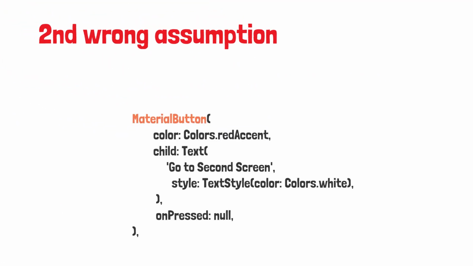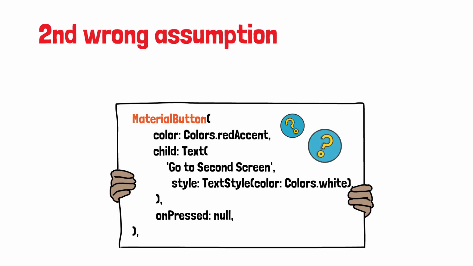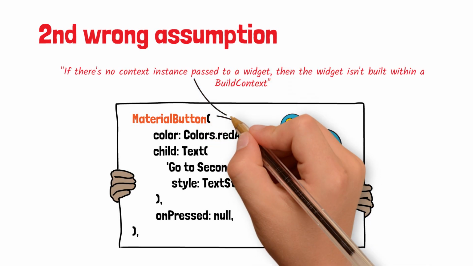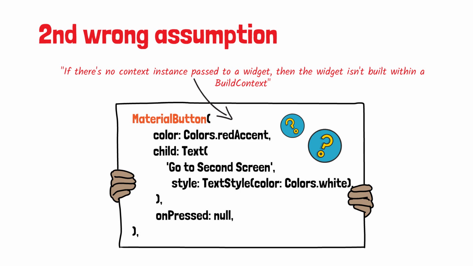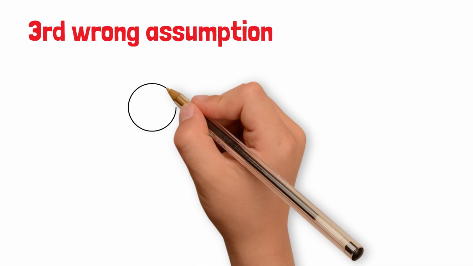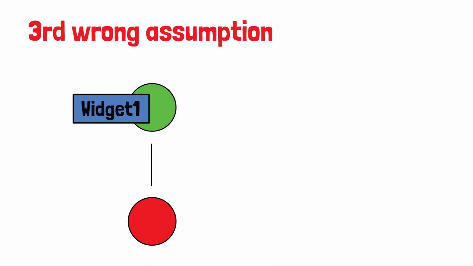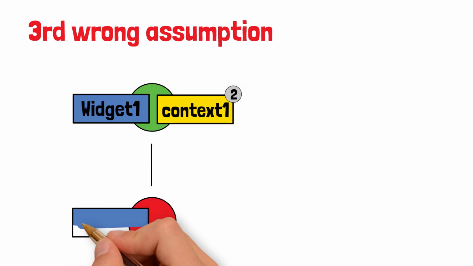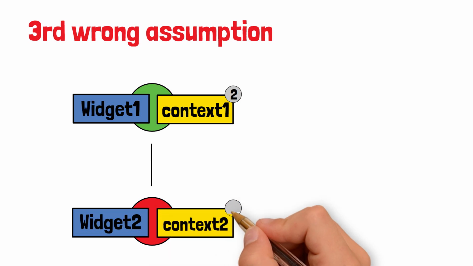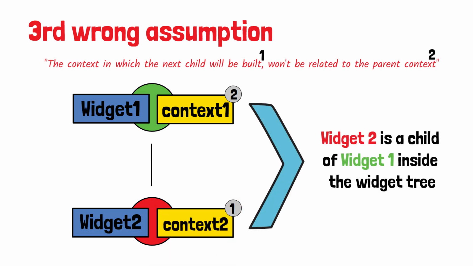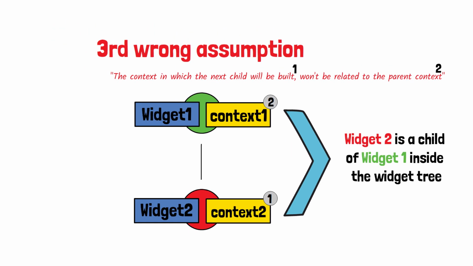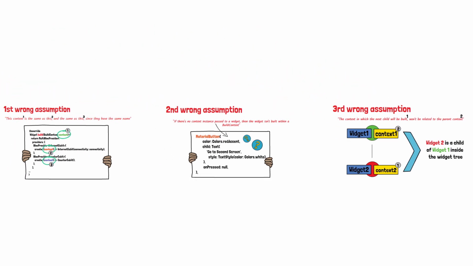Secondly, you might be tempted to say that since there is no build context instance mentioned as a parameter to a widget, then the widget isn't built within a build context. Last but not least, you might be tempted to think that the context in which the next child widget will be built won't be related at all to the previous context inside the widget tree. All of these assumptions are terribly wrong, and let me explain to you why in detail.